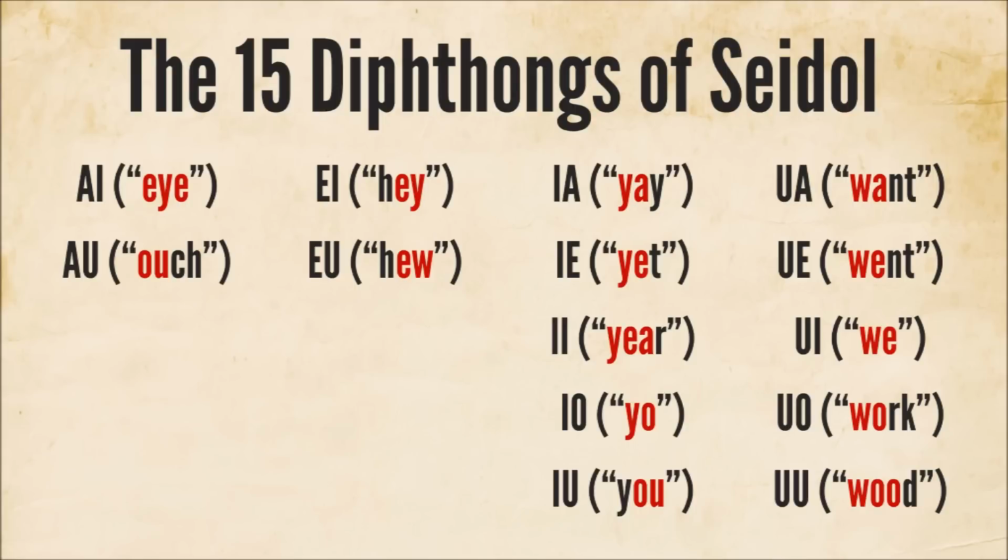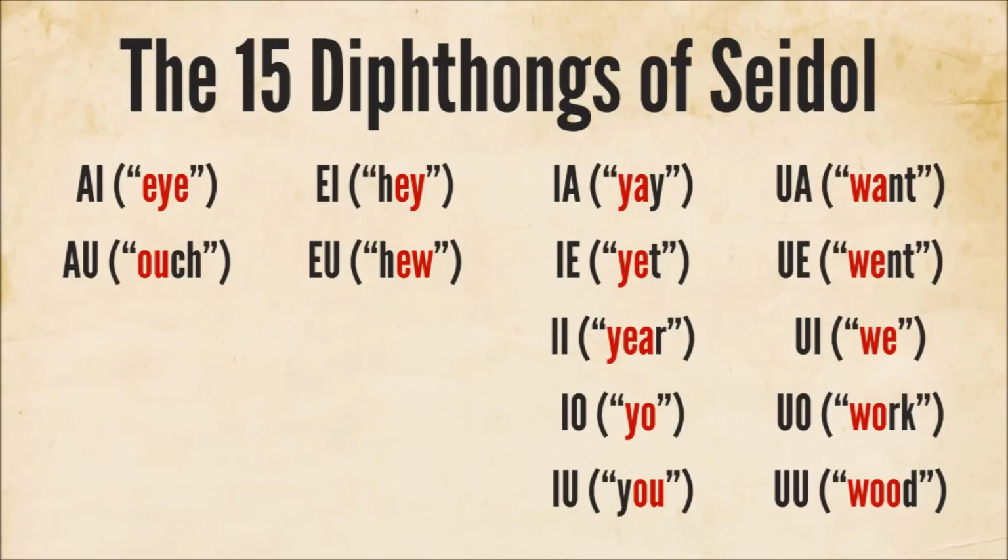And then lastly, we have the diphthongs that are formed with U. And U is just like W when combined with another vowel. In fact, in Latin, there was not a W at all. They just used the U sound for that, and it does the same things. For example, we have wa, like in want, we, like in went, wi, like in the word we, wo, like in the word work, and then wu, like in the word would.